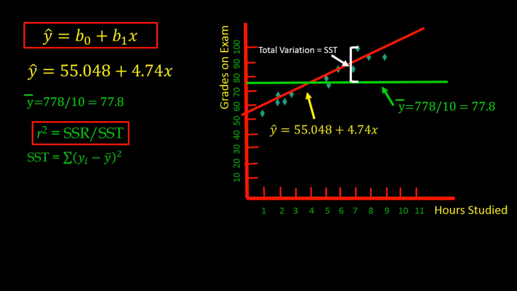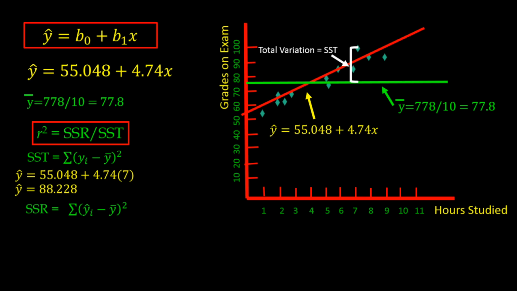Now the predicted grade y hat for 7 hours of study, x equals 7, is given by the line of regression, and that would be 88.228. Take a look at the formula for SSR. You can see from this equation that SSR, the sum of the squares due to regression, is the deviation of each predicted value of y hat and the average y bar.